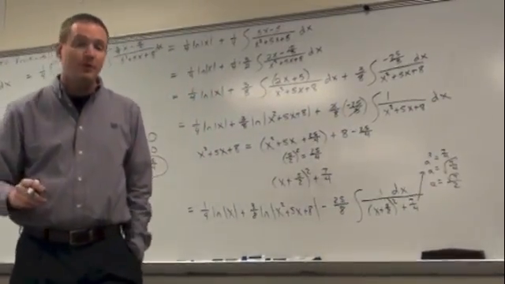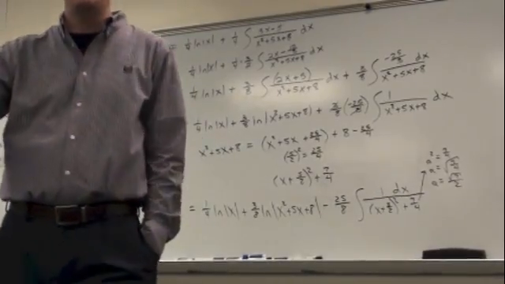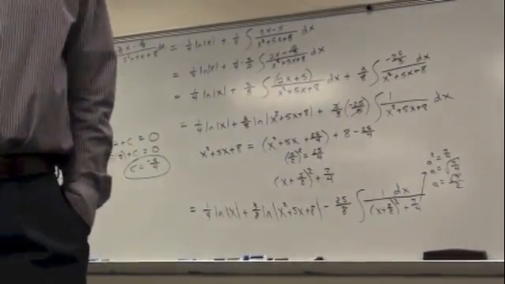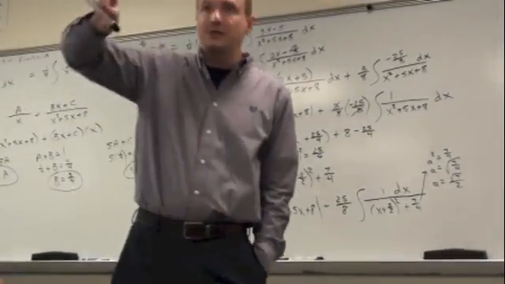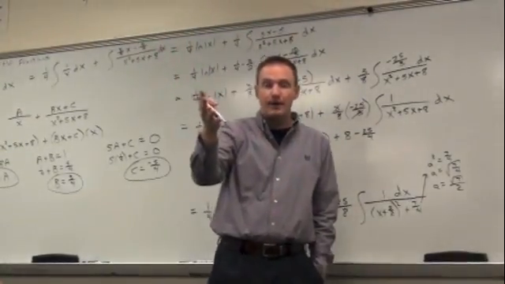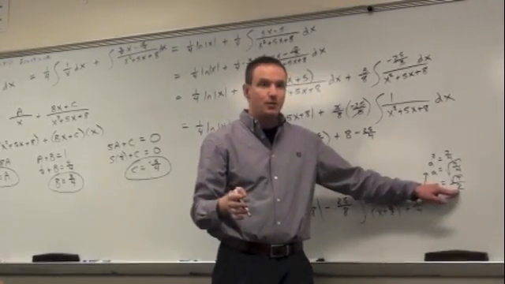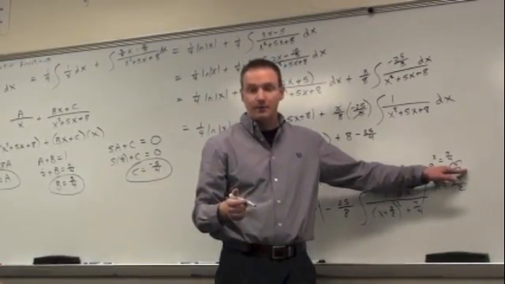So in my formula, I have 1 over a inverse tangent of x over a. 1 over a is just saying take the reciprocal of a. It'll be 2 over the root of 7 out in front of the inverse tangent.